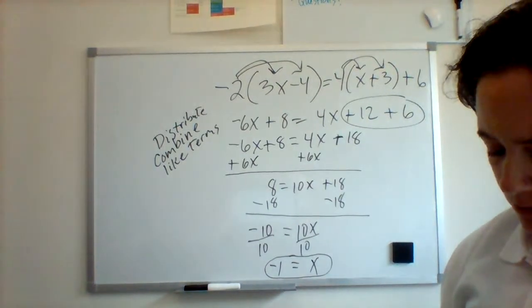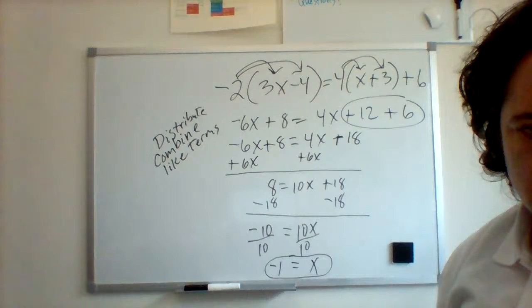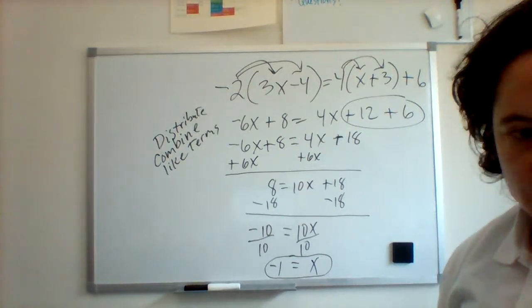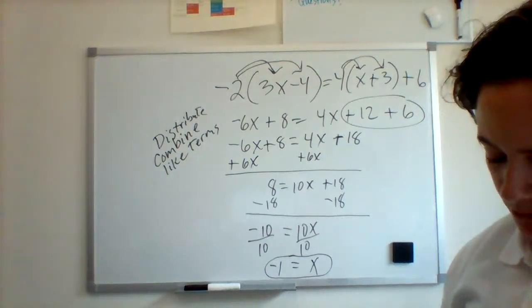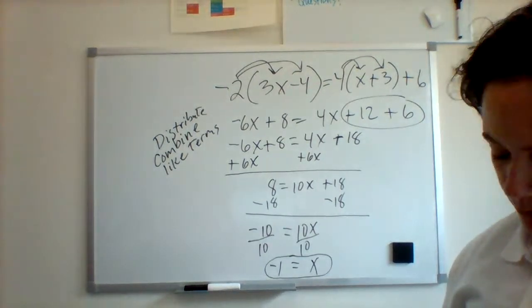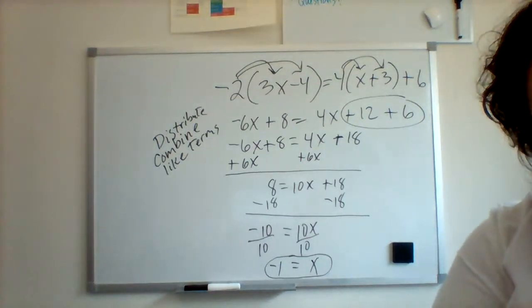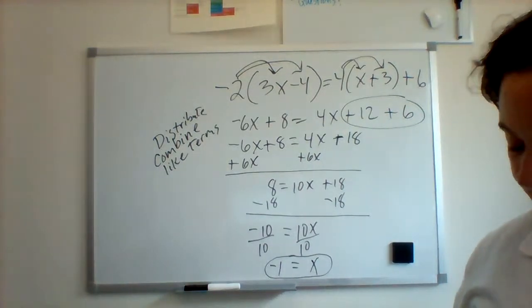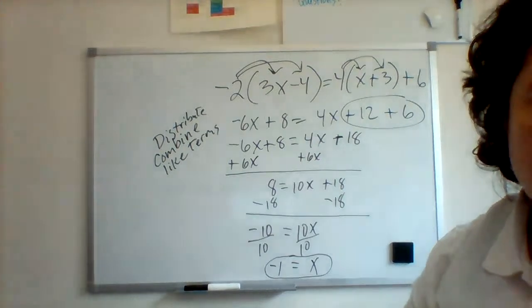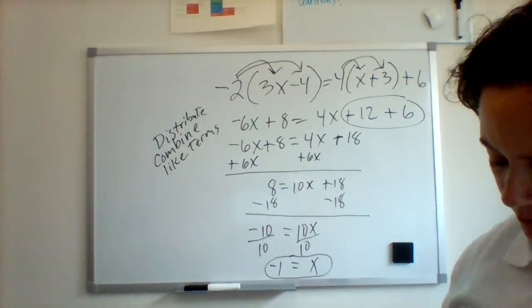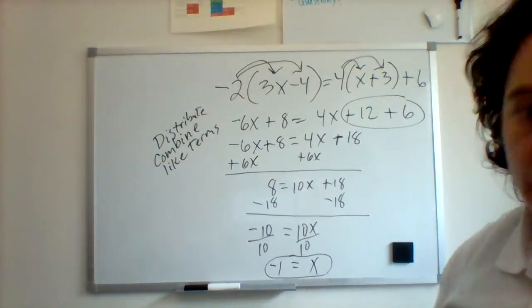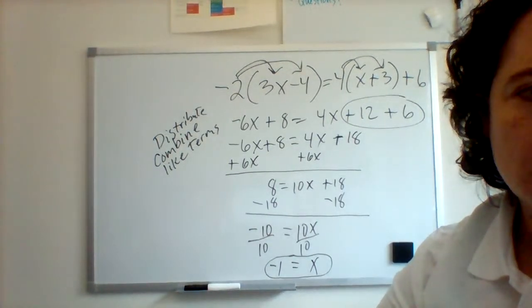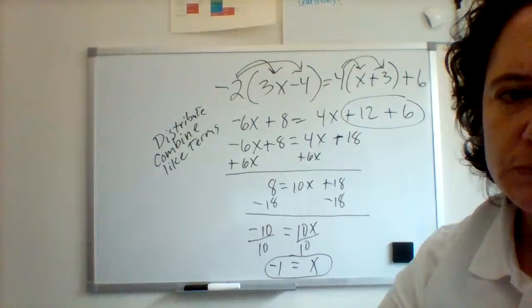One, two, three, four, 5, 7, 10, 17. Okay, 1, 2, 3, 4, 5. Okay. So let's take a look now.